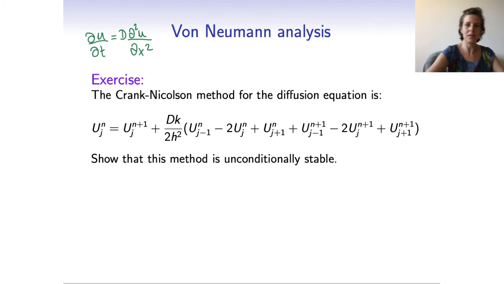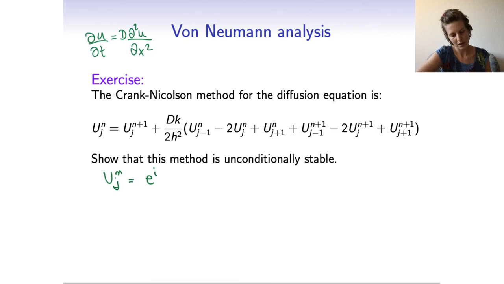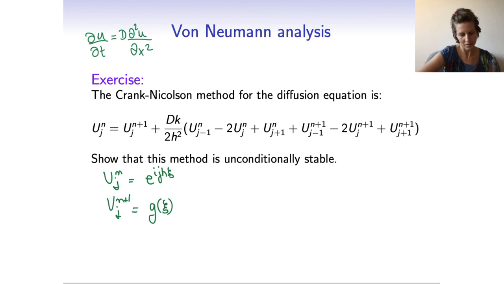So in the Fourier space, you have that u^n_j will be e^{i j h psi}, and then u^{n+1}_j will be g of psi times e^{i j h psi}, and then this term u at j plus or minus 1 at n will be e^{i(j plus or minus 1)h psi}.